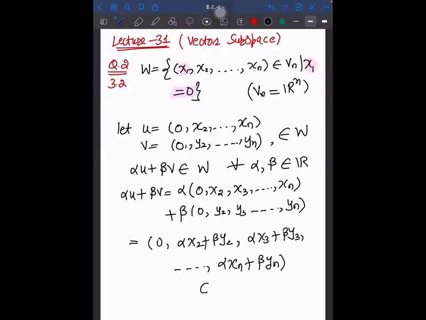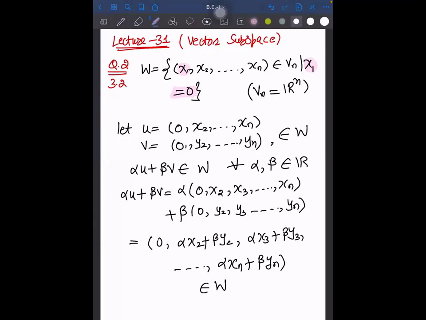So does this element belong to W? Yes, sir. Why? Because if you want to be part of W, the only condition is you should be an n tuple and your first component should be 0. So that element is fulfilling this condition, right?